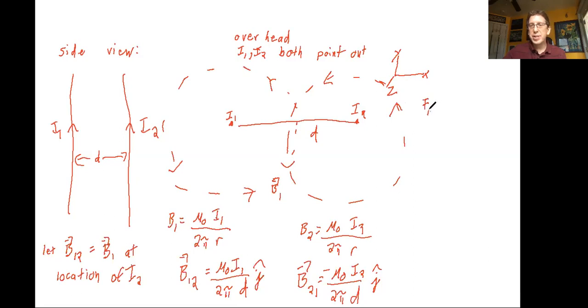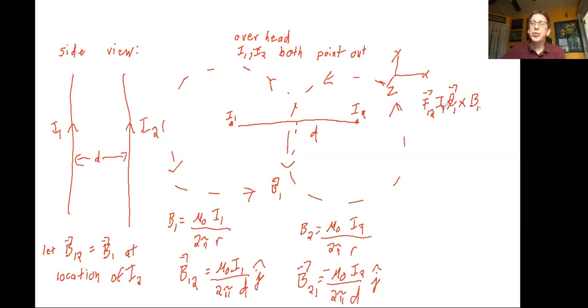The force of current 1 acting on current 2 is equal to I1 L1 cross B12, right?